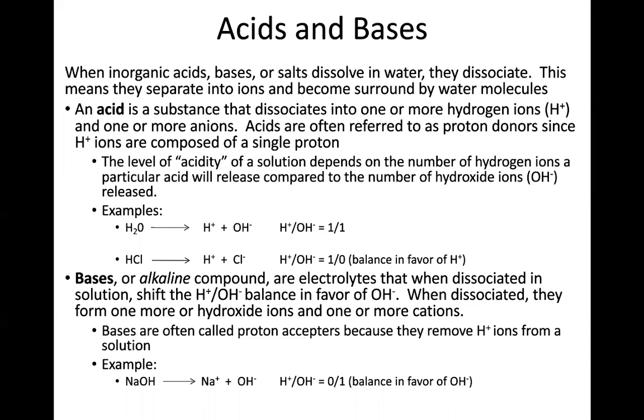Okay, an acid is a substance that dissociates into one or more hydrogen ions, which is abbreviated H+, and one or more anions. A lot of times acids are referred to as proton donors because a hydrogen ion is simply just a proton.